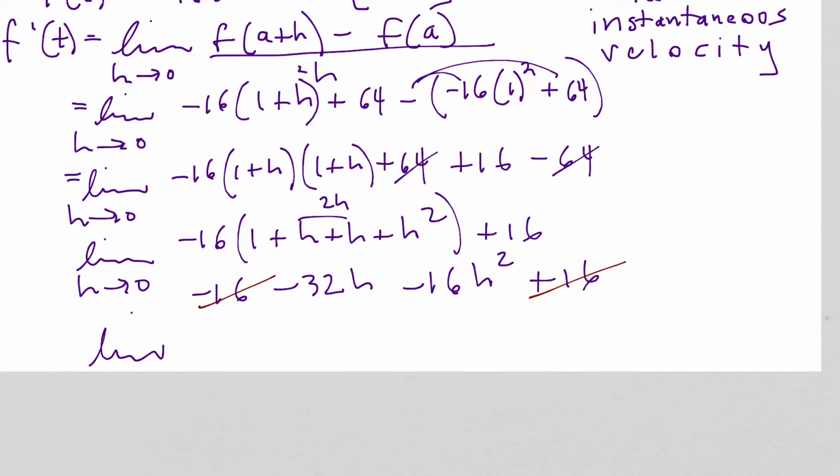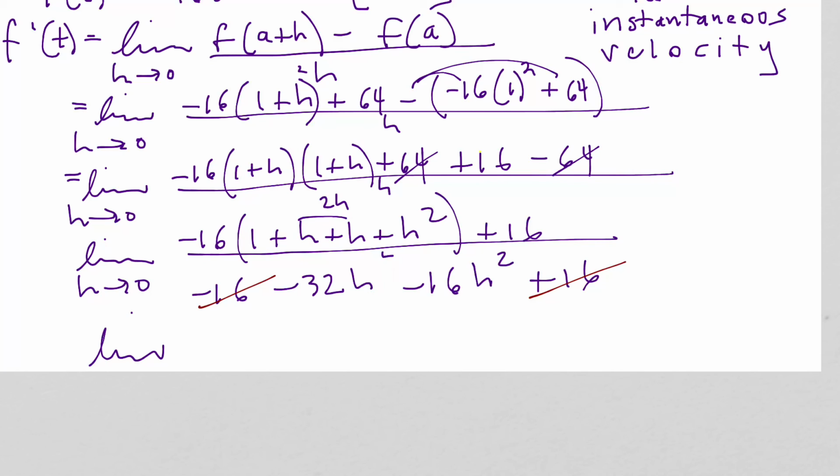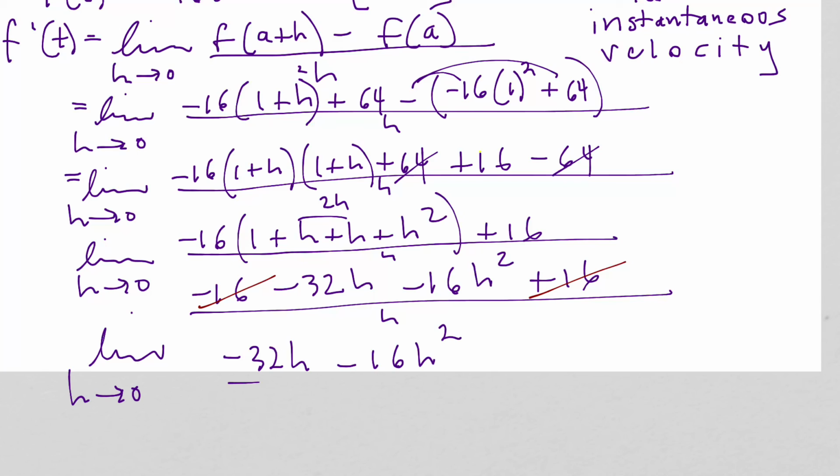Let's see what happened to our h in the bottom. The limit as h approaches 0 of minus 32h minus 16h squared over h. Alright, so I can cancel h here and here and here, which leaves me with negative 32 minus 16h, and that's it.